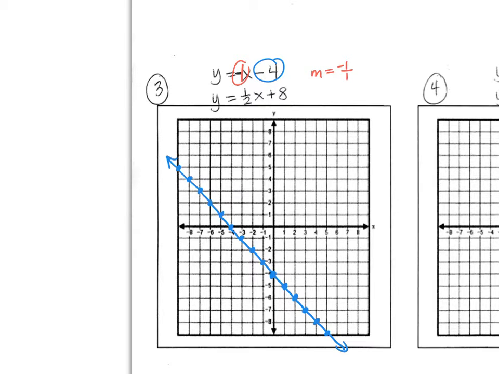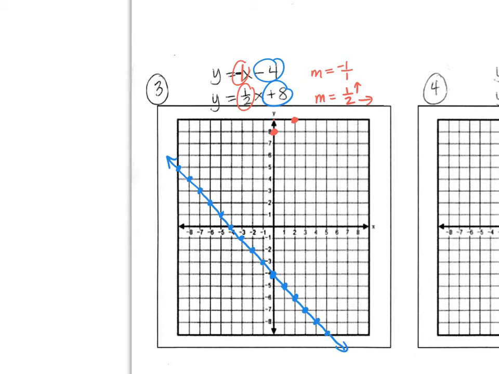On the second equation, we have 1/2 x is our slope. And this is interesting because 1/2 is already a fraction. So the rise is 1 and the run is 2. Y-intercept is +8. So I'm going to start at +8. I'm going to go up 1, right 2. And I'm already at the edge if I go up 1, right 2.